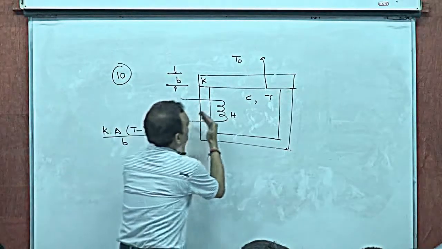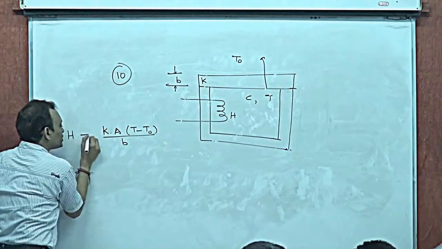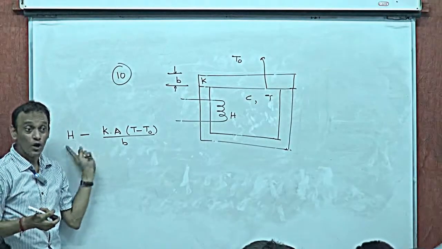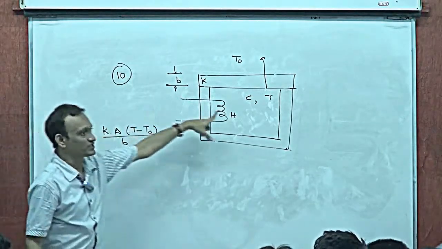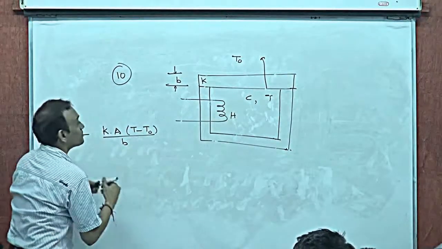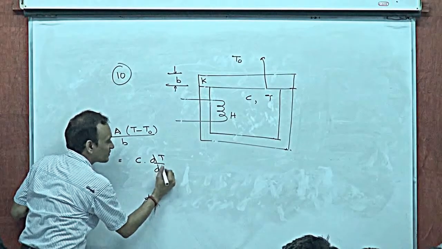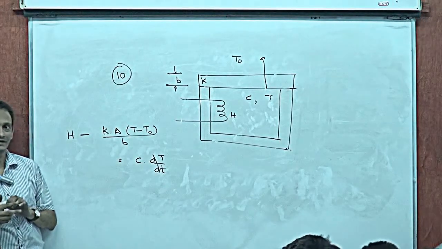What are the watts that are entering the system? H. So what is the net accumulation of heat? This much is conducted out, and what does this do? It increases the temperature of this. So this must be mass into specific heat, which is C into dT. Right?